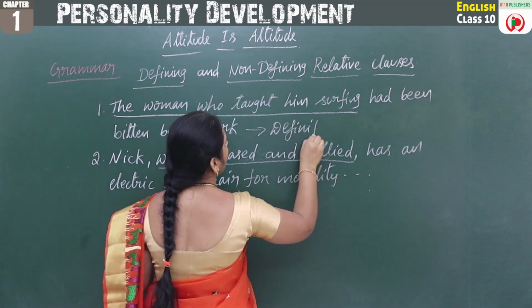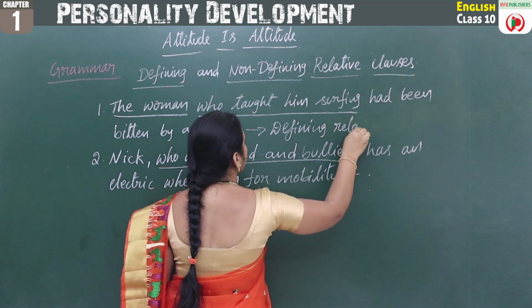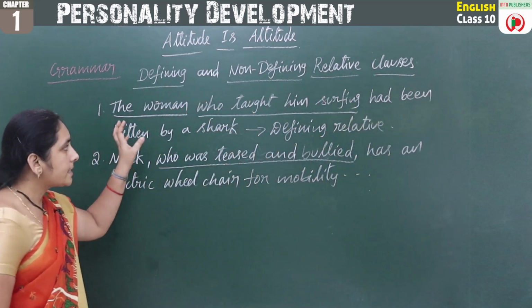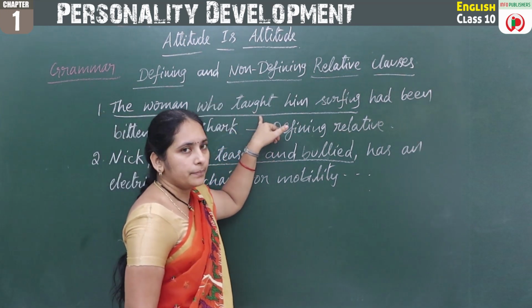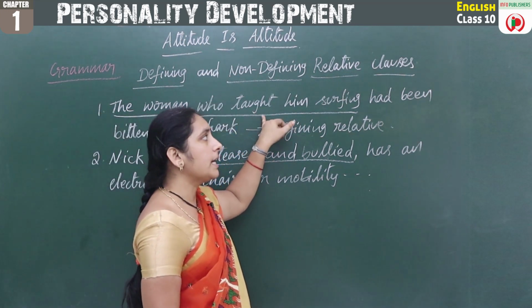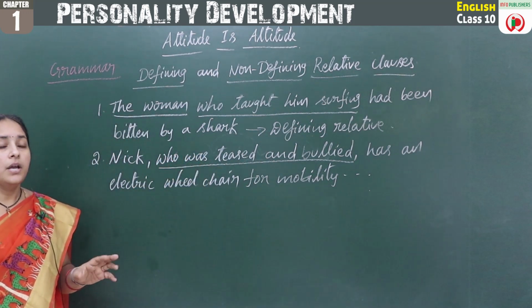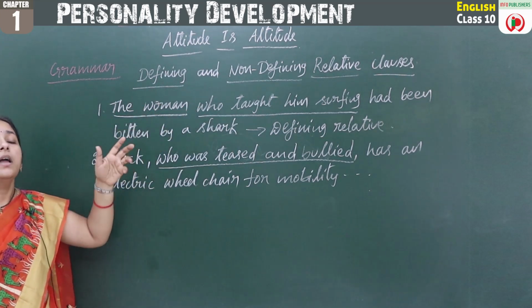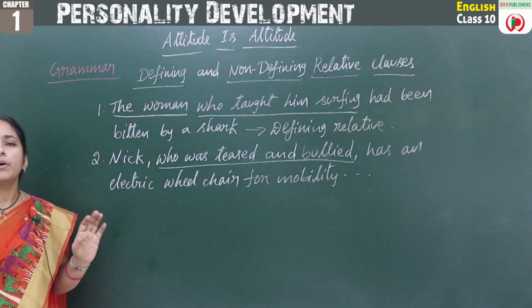The sentence is telling about that person. It's a continuation, only one woman: that woman taught him surfing, and she had been bitten by a shark also. So it is a total definition. It is defining the woman, how she was and what she did. Everything is explaining the woman.